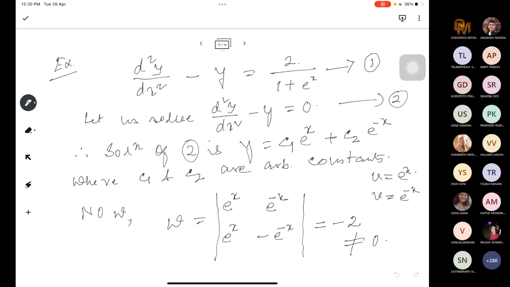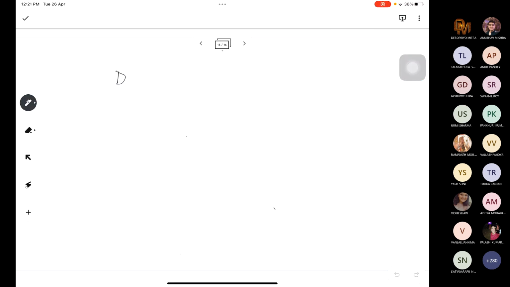So the solution of the complementary function depends on this. Here you had D square minus 1 equal to 0. So the auxiliary equation is m square minus 1 equals 0, that is the 2 roots of m are plus minus 1.